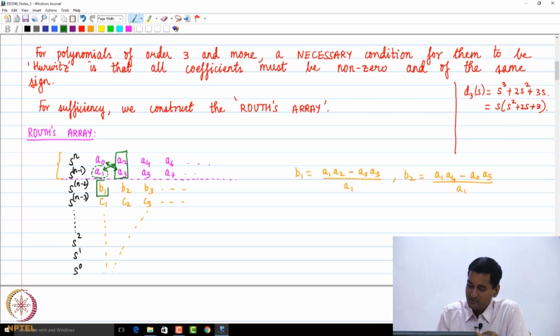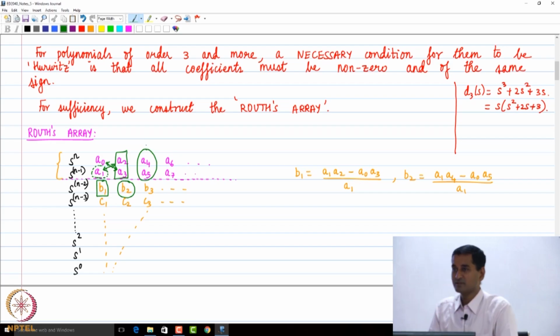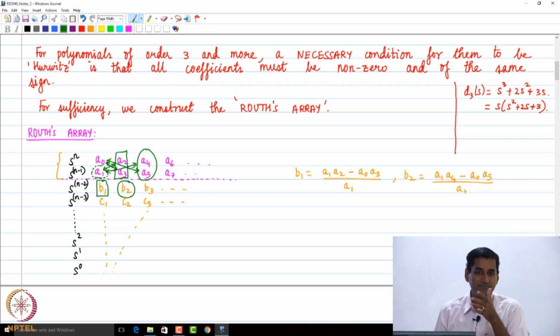For b2 we choose a4 and a5, just one column shifted to the right, from the two rows above. So I multiply a1 with a4, a0 with a5, and divide by a1. I continue this process till I stop in the S power n minus 2 row.